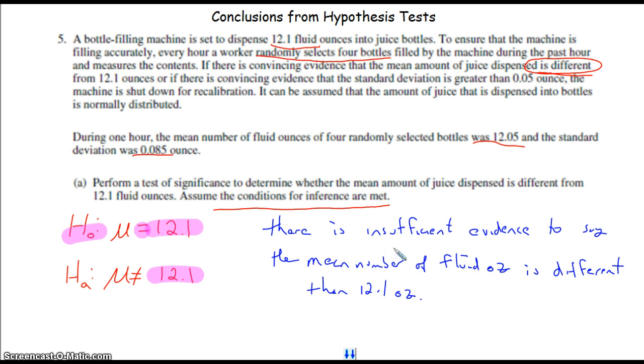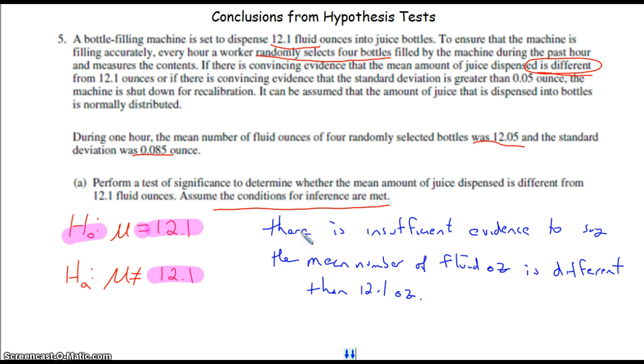So again, there is insufficient evidence to say that this would be accepted. And that's it. Be very careful. Don't say the machine is working correctly. Don't say we accept Ho. That is very wrong. It is not correct. It is not statistically correct.